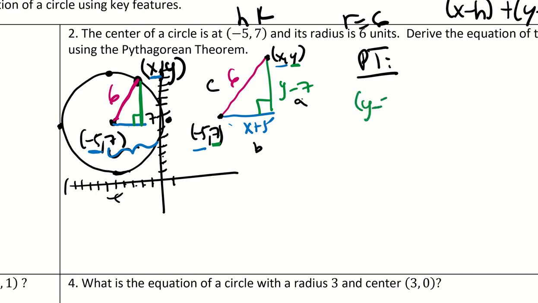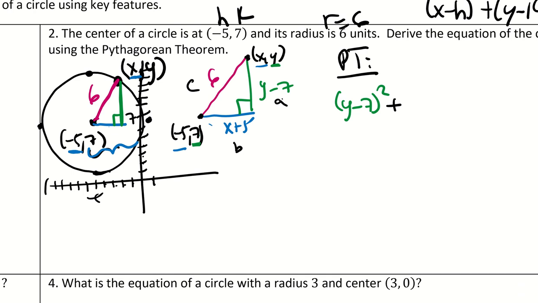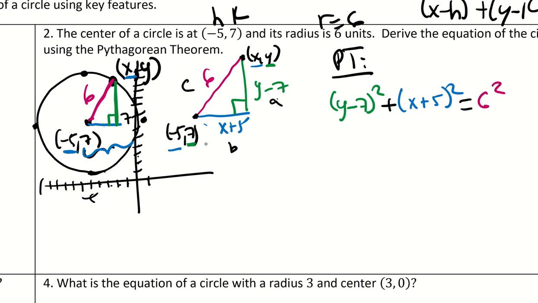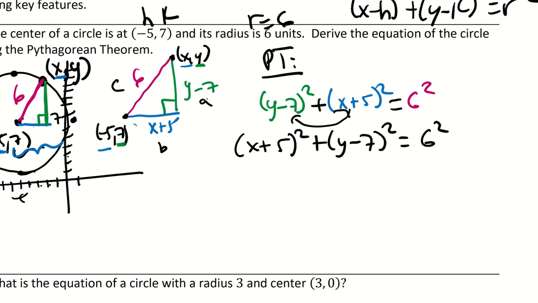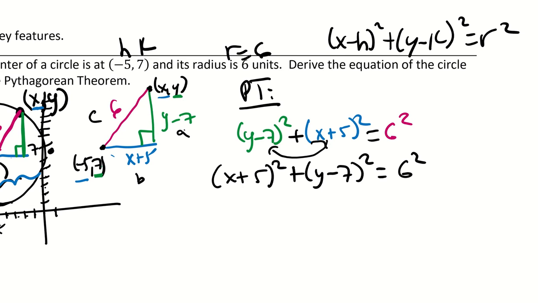So a squared plus b squared equals c squared. There you go. And here it doesn't matter the order in which you do this. So you could conceivably move this x part first, because we usually like to have x first, and then 6 squared. And there you go. This is the equation that we were talking about.